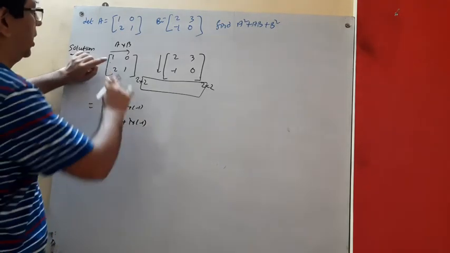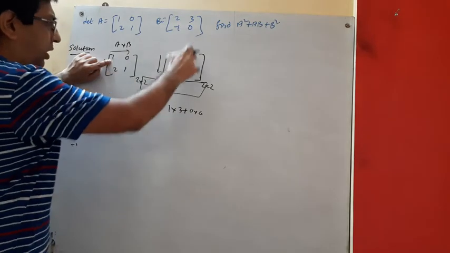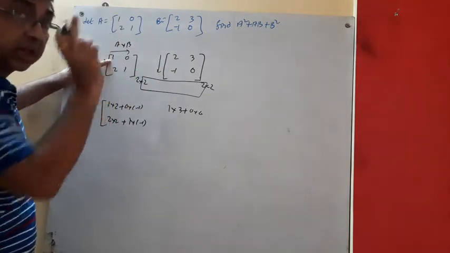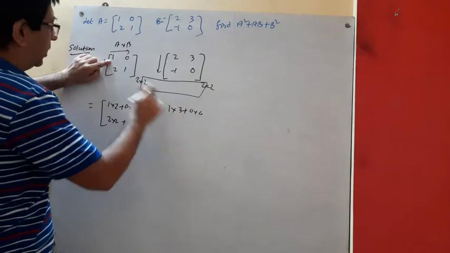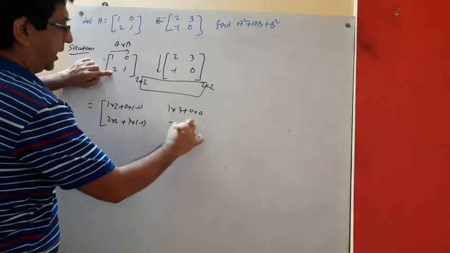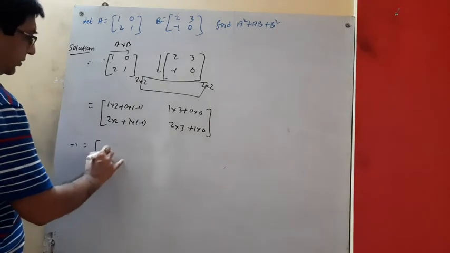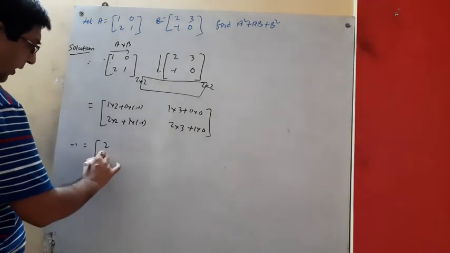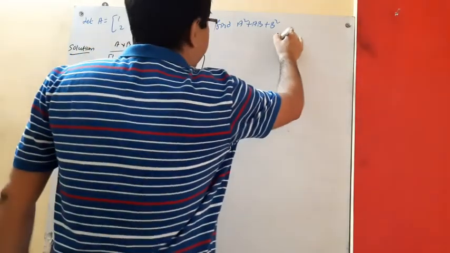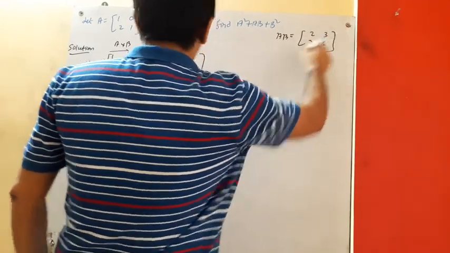Now, keeping the second column fixed, 1 into 3 plus 0 into 0, and 2 into 3 plus 1 into 0. Okay, so what we are getting, check the calculation: 4 minus 1, 3. This is 3, this is 6. This is AB. So AB equal to 2, 3, 3, 6.